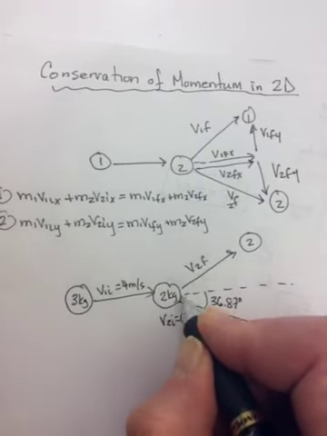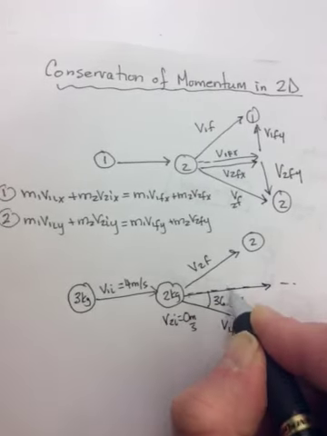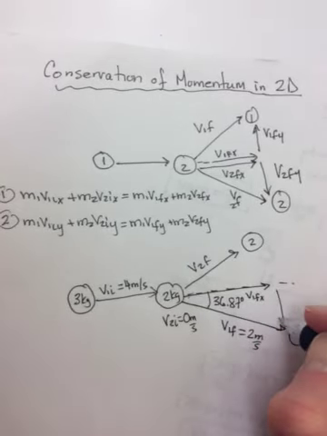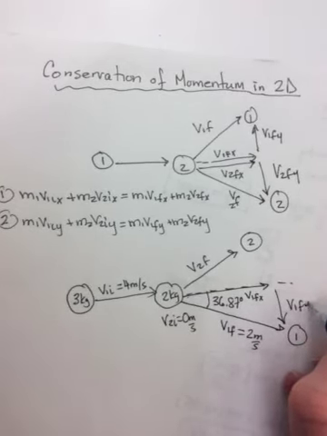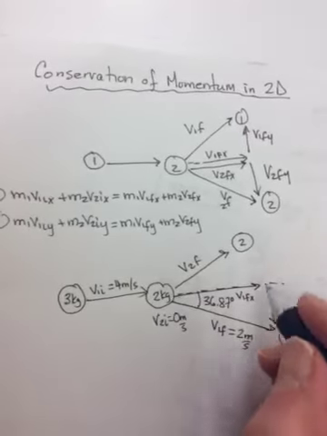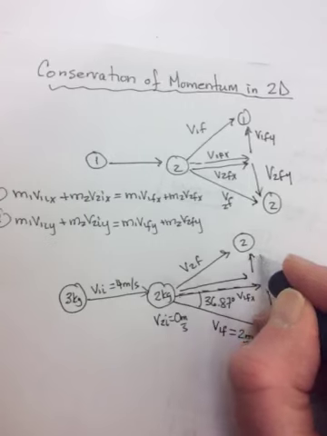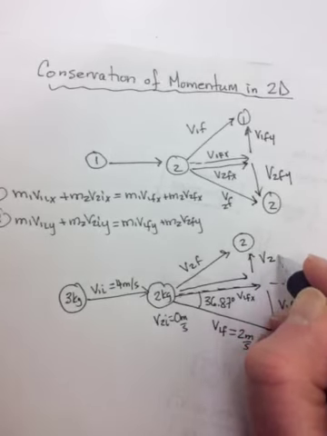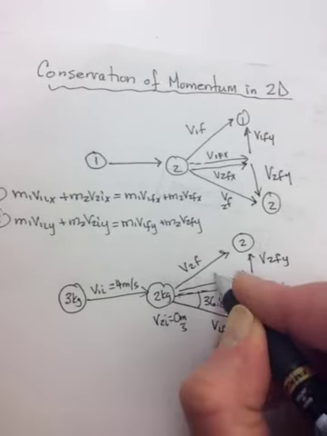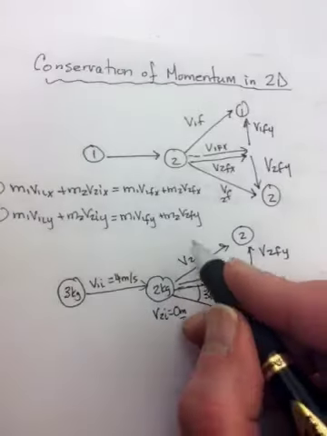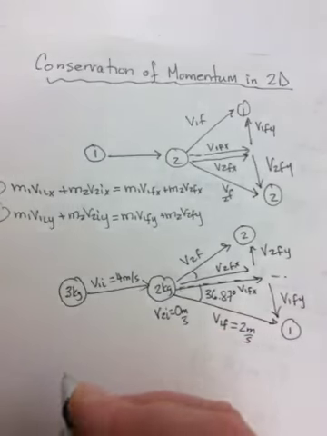So we can find our V1 final x and our V1 final y by using trig, and then using the conservation of momentum in the x direction and the y direction, we can get our V2 final y and our V2 final x. Okay? And then from that we can get our V2f and our theta.